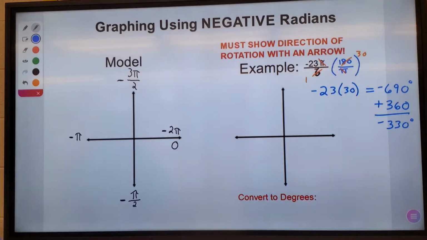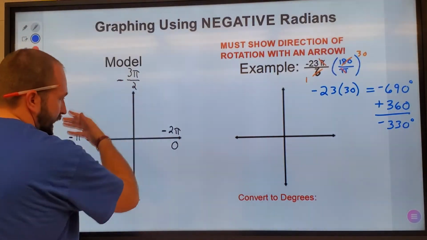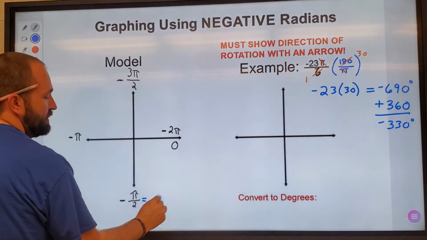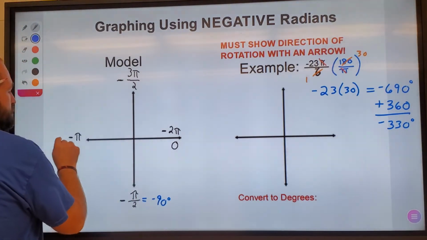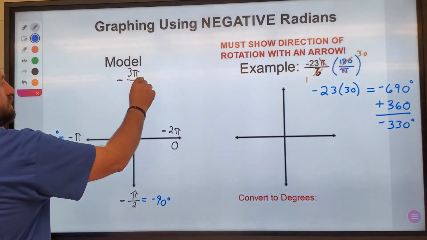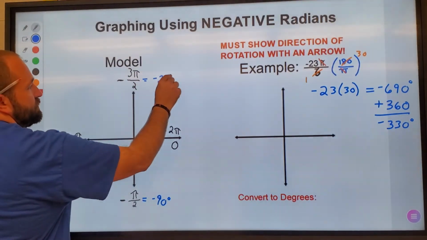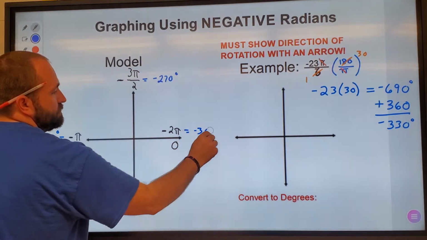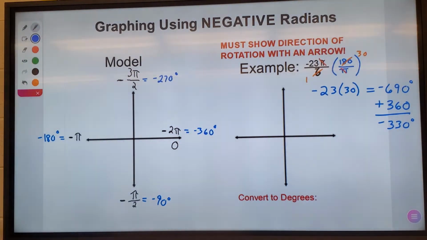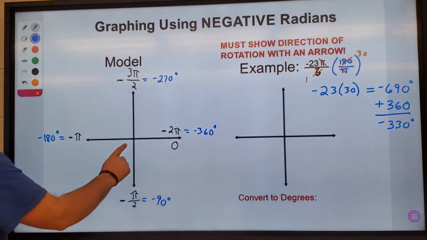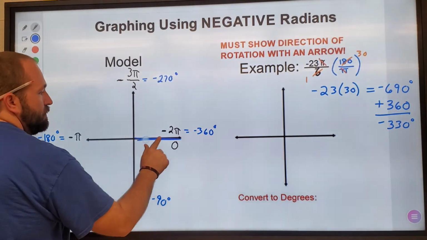So again, over here on the model, I have this as my radians, but again, I can change that. This is now negative 90 degrees. This is negative 180 degrees. This is negative 270 degrees. And this is negative 360 degrees. Okay, I have one full rotation, and then I have the extra of negative 330. So I have my initial side.